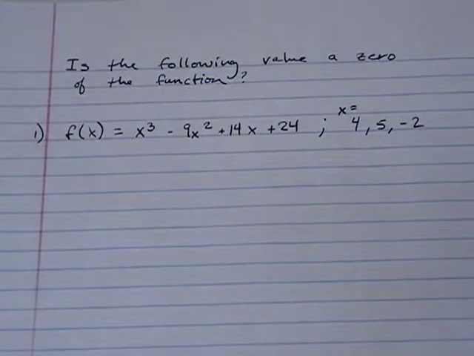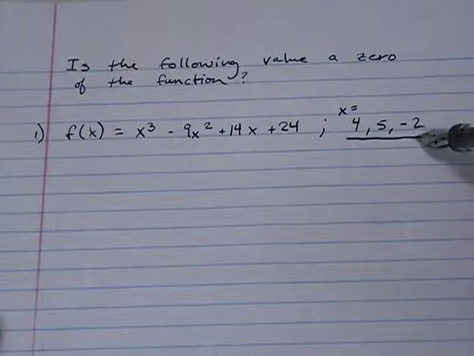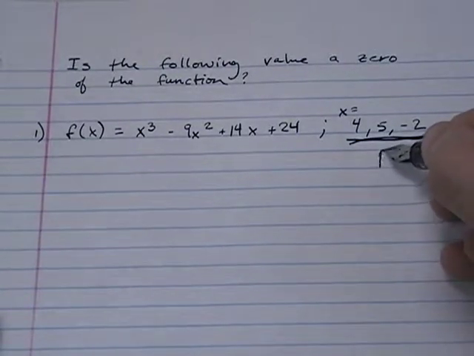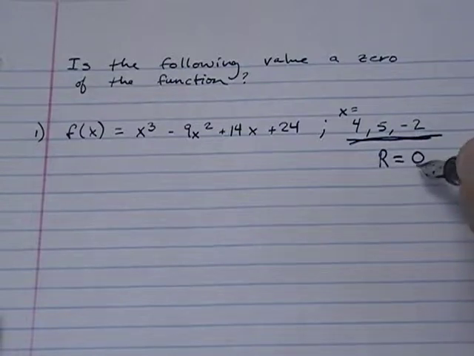Now, before we answer this, I want to remind you of a wonderful little theorem in algebra that says if a value is a zero or a solution, then the remainder will equal 0.